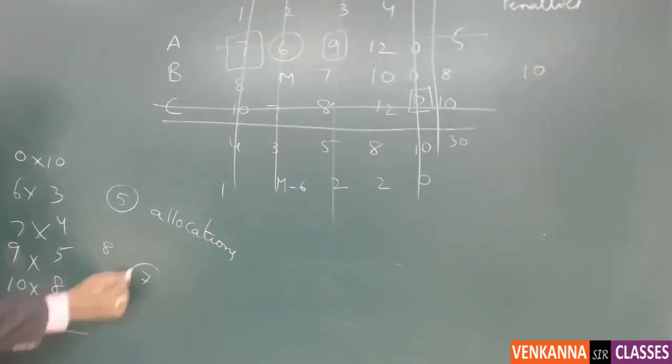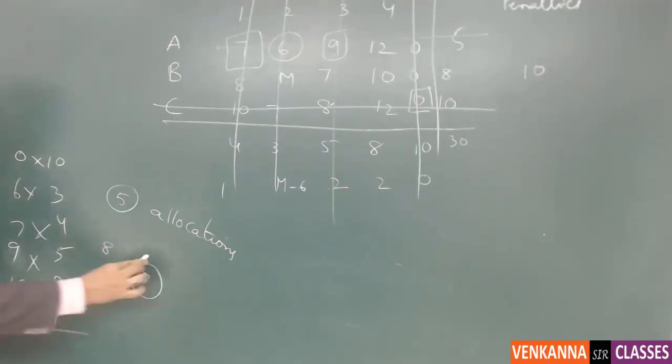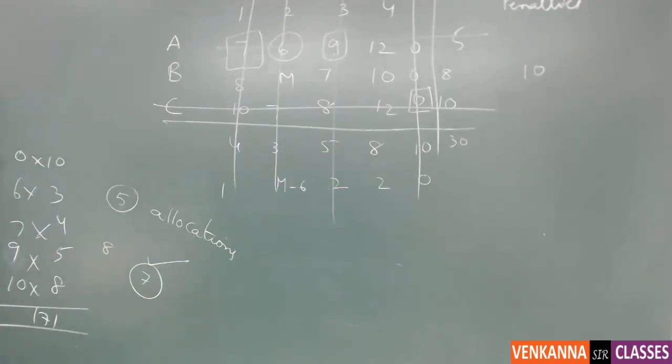So you should have 7 allocations. 7 is the required number of allocations, but you got only 5 allocations here. Am I correct? So we call it as a degeneracy at the initial stage. So what happens? You need to do for the allocation of epsilon at the 2 cells. That is the required one.